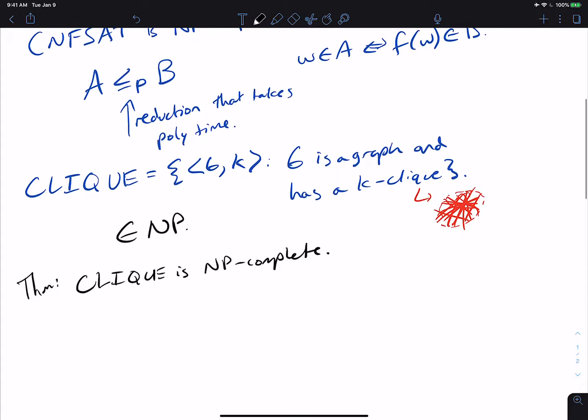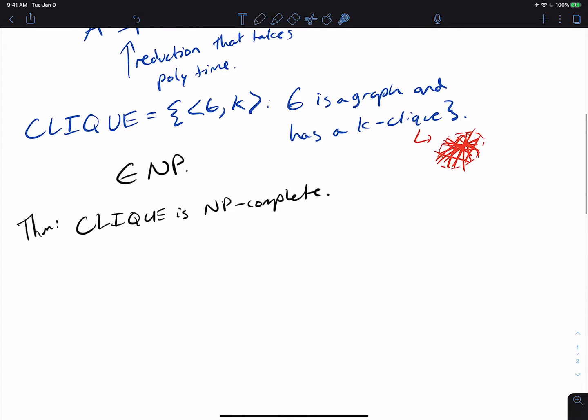So what do we need to do here? Well, we just showed that it's in NP, so it suffices to show that the Clique problem is NP hard.